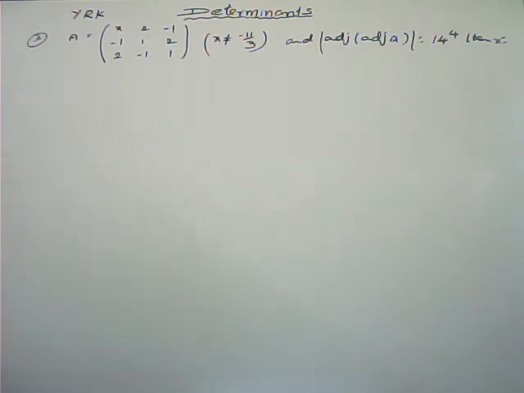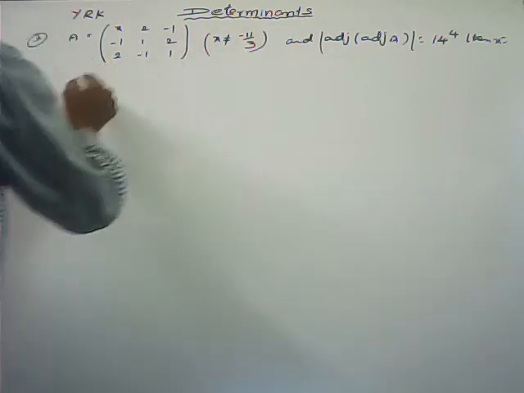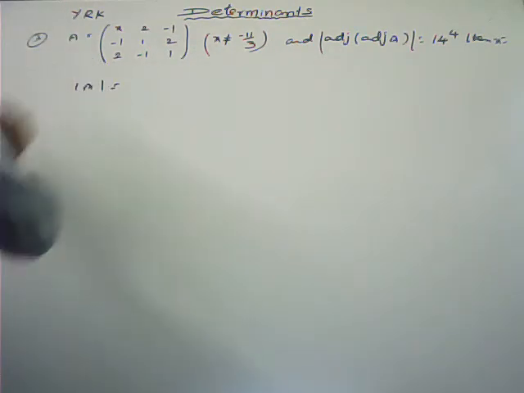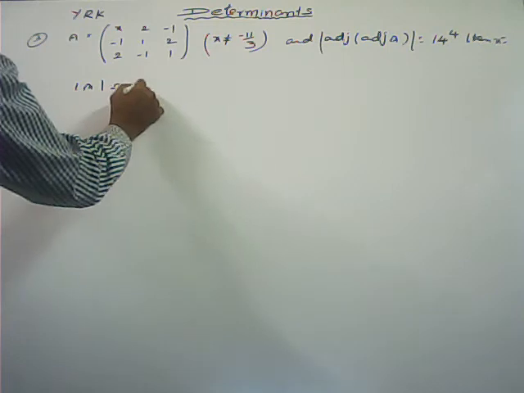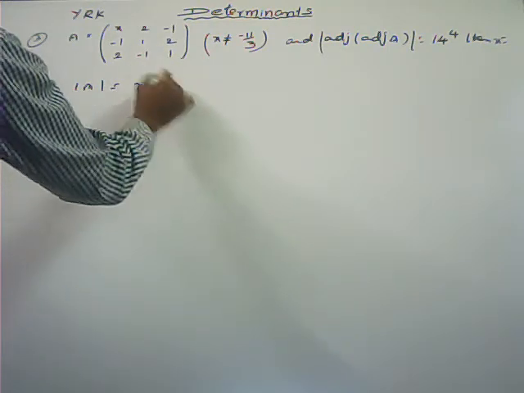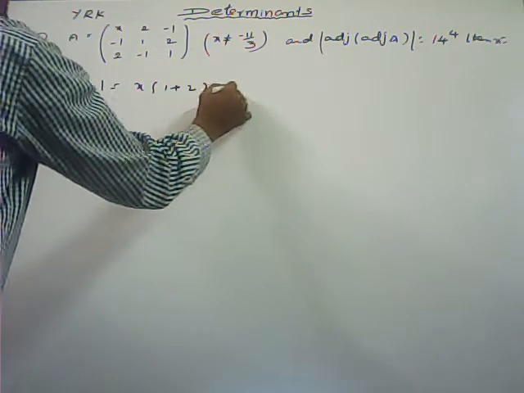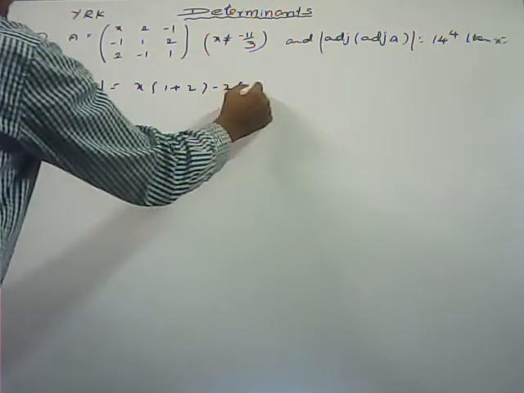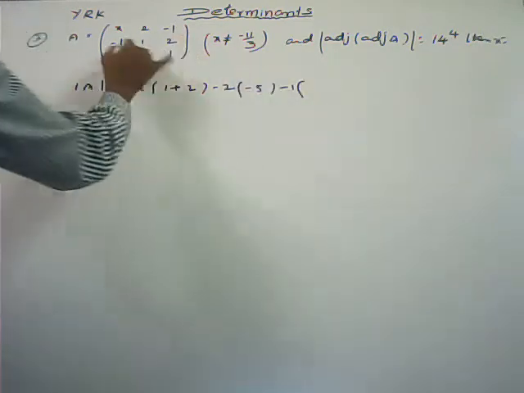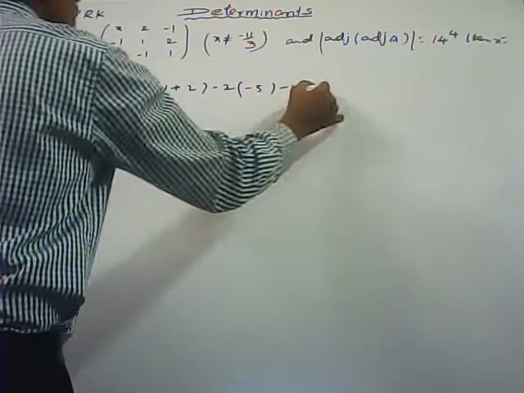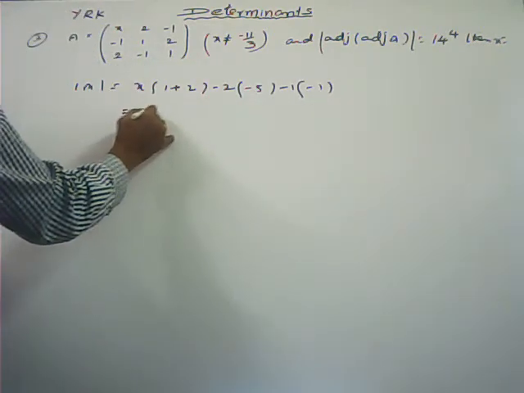Next, A is equals to, here a 3 by 3 matrix is given, and det of adjoint A is equals to 14 power 4, then the value of x is equals to, here first to find the determinant of A. Determinant of A, that is equals to x into product of these two, minus of minus plus 2, minus 2 into minus 1 minus 4, that is minus 5, minus 1 into 1 minus 2, that is minus 1, that is equals to 3x.